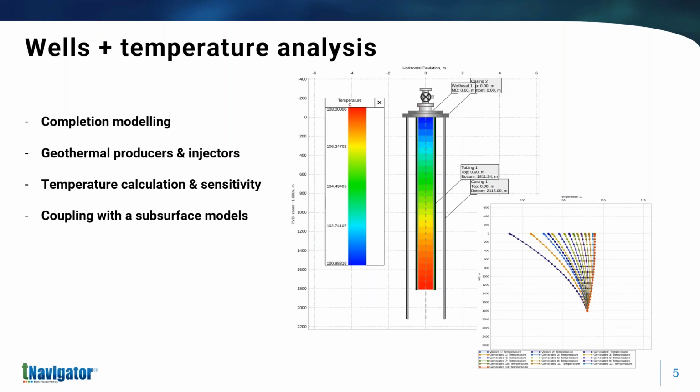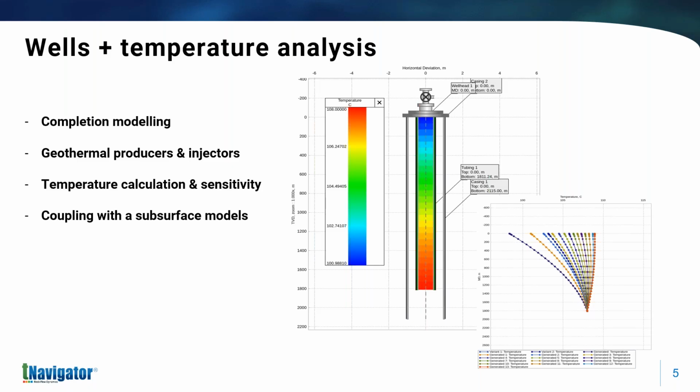Afterwards we can do some optimization on the completion side. We can also optimize the temperature, try to optimize the well design and minimize the temperature losses, or try to find the optimal production rates of the brine, or the optimal injection rates for injectors, and see how the temperature is distributed along the completion.